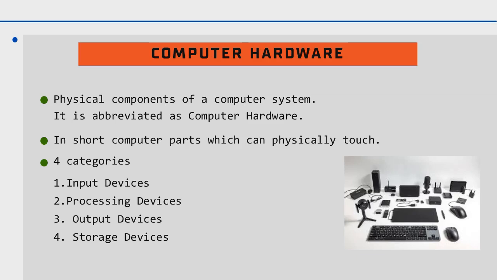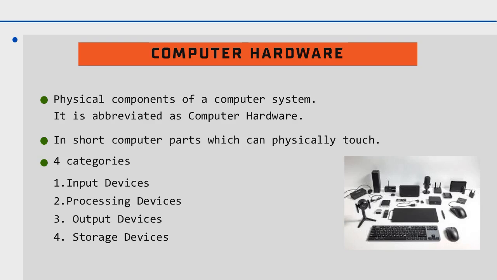Computer hardware means the physical part of a computer system, the things we can actually touch, like the keyboard, monitor or mouse. In short, it is all the components that make up a computer. Hardware is mainly divided into four categories.